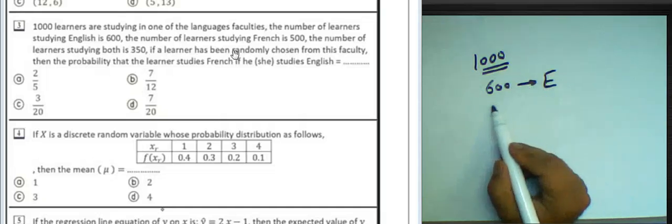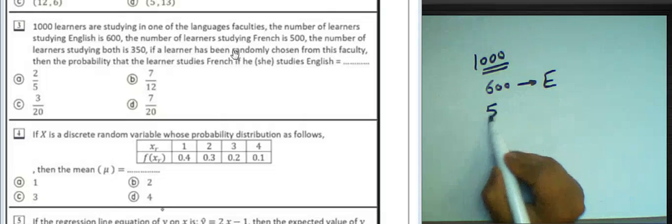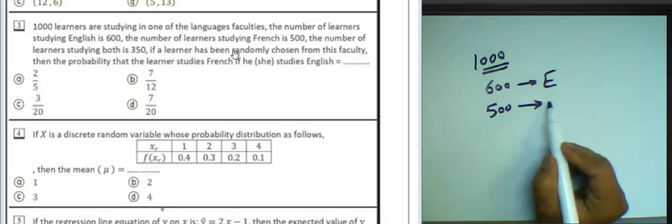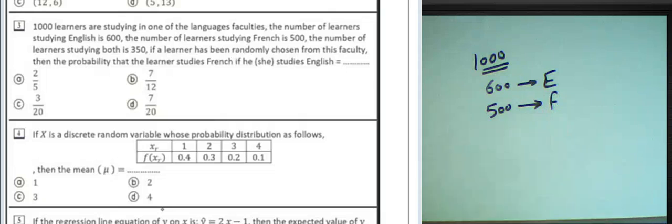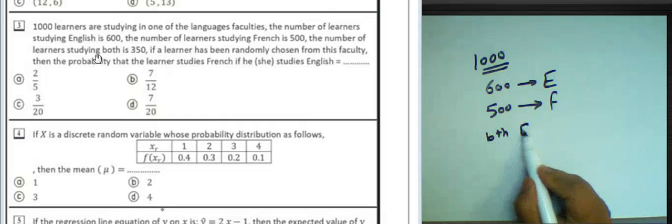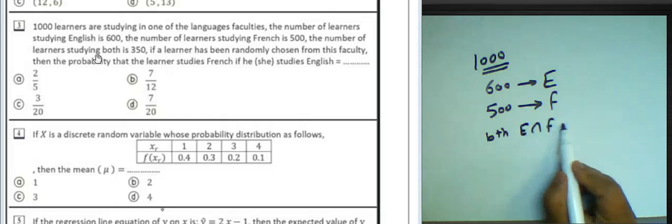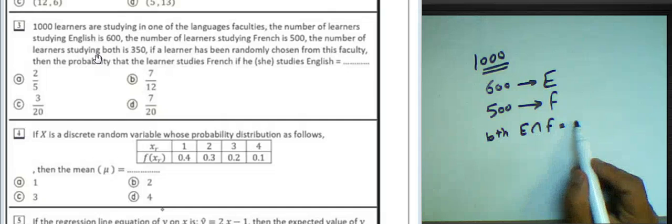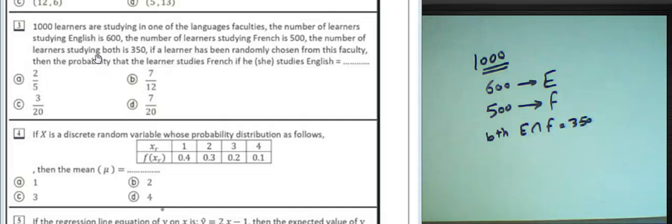English, and 500 study what? French. The number of learners studying both, English intersection French, equal 350.